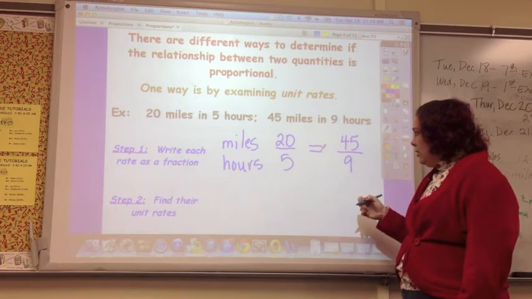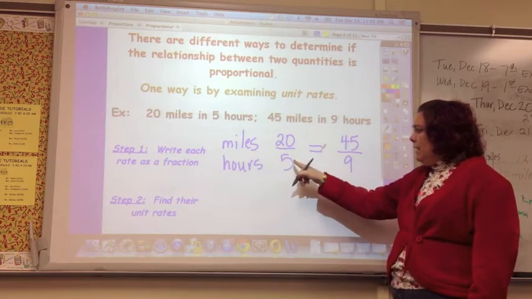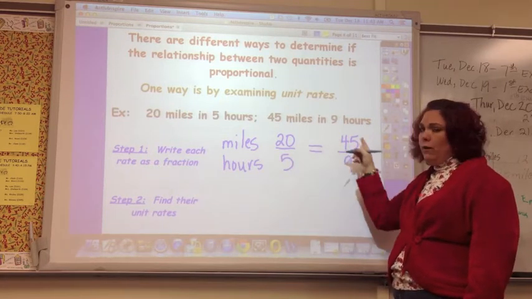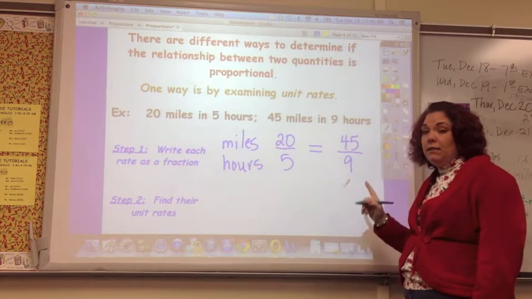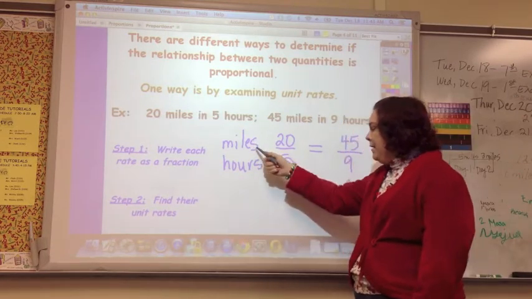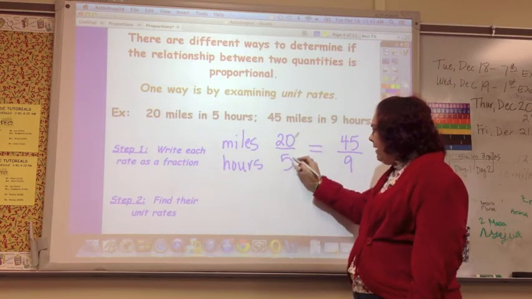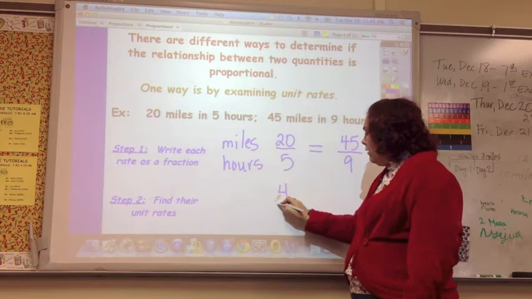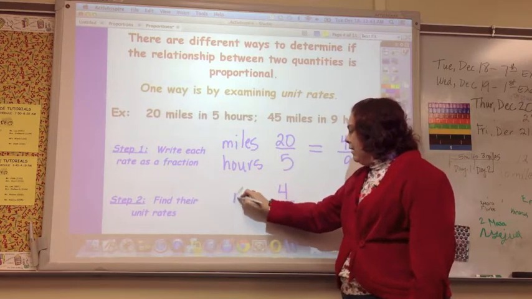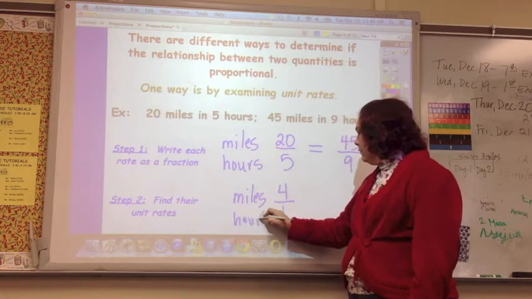So the question is that you can't get from 5 to 9 or from 20 to 45, but that doesn't mean this isn't proportional. You can find the unit rate. So how many miles in 1 hour? So divide by 5, 4 to 1. That's miles per hour.